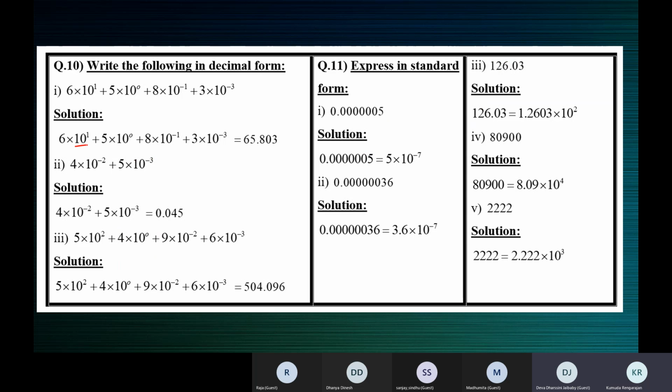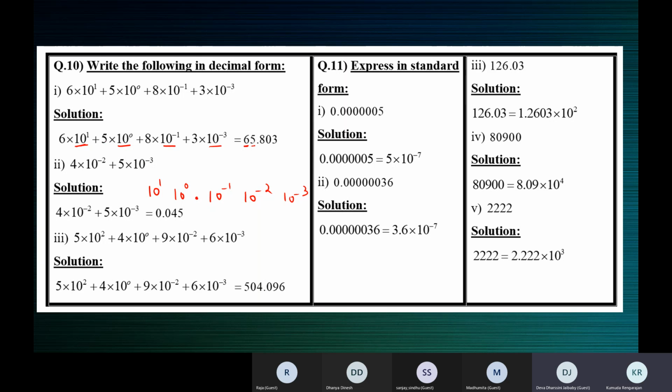So this is 10 power 1, 10 power 0, 10 power minus 1, and 10 to the power minus 3. So what do we have? 10 to the power 1, 10 to the power 0, decimal point, 10 power minus 1, 10 power minus 2, 10 power minus 3. So what do you have in place of 10 to the power minus 1? 6. Then 10 to the power 0, we have 5.